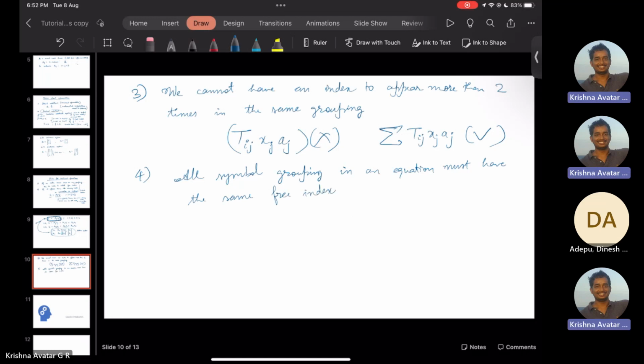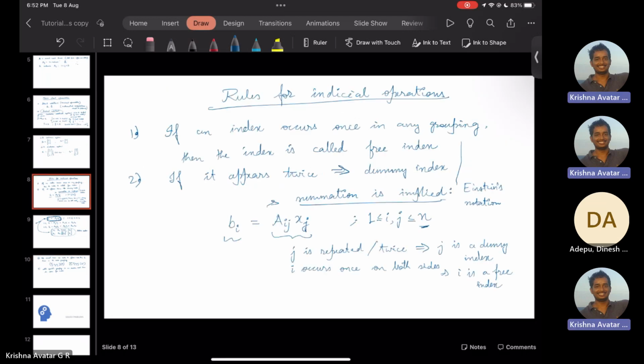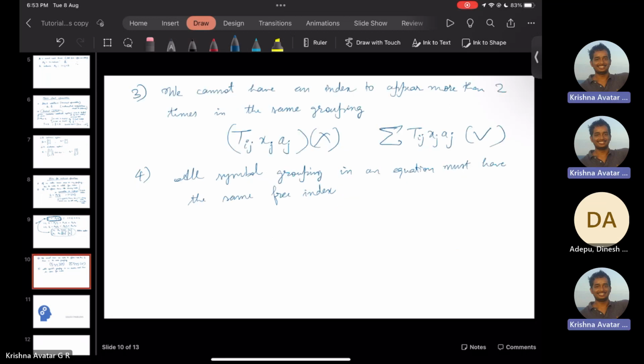And that we had seen in the previous equation as well, right? Even in this case, we just had I on both sides. Now let me give an example where this rule is violated.